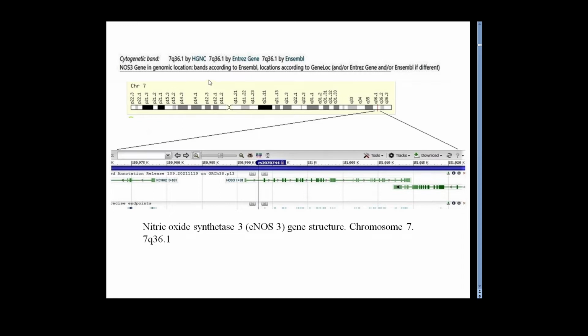It indicates that the whole chromosome is divided into two parts, separated by the centromere. The short arm is called P, the letter P, and the long arm is called letter Q, and different distances from the centromere have different numbers, different digits. 7q36.1 is the 7th chromosome, Q the long arm, and 36.1 is the localization of the marker of this gene in this part.